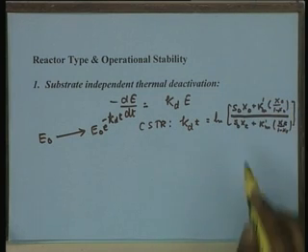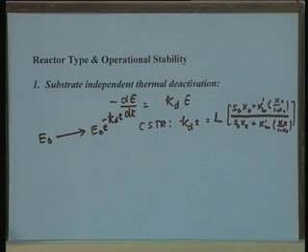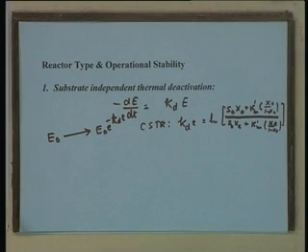Here x0 and xt are the fractional conversions in the case of a CSTR at time 0 and t. We are considering all these reactor performances under steady state conditions.